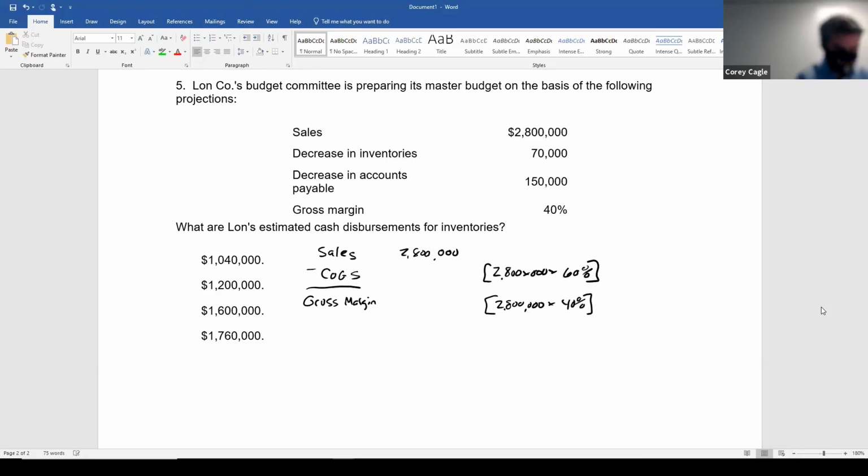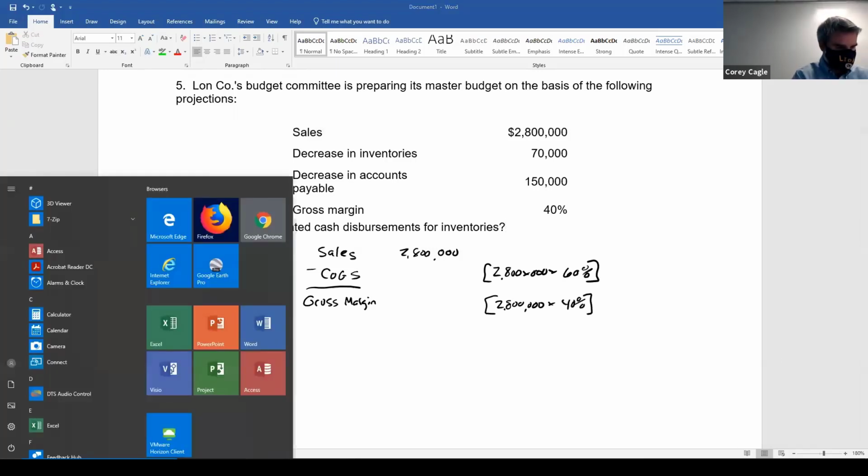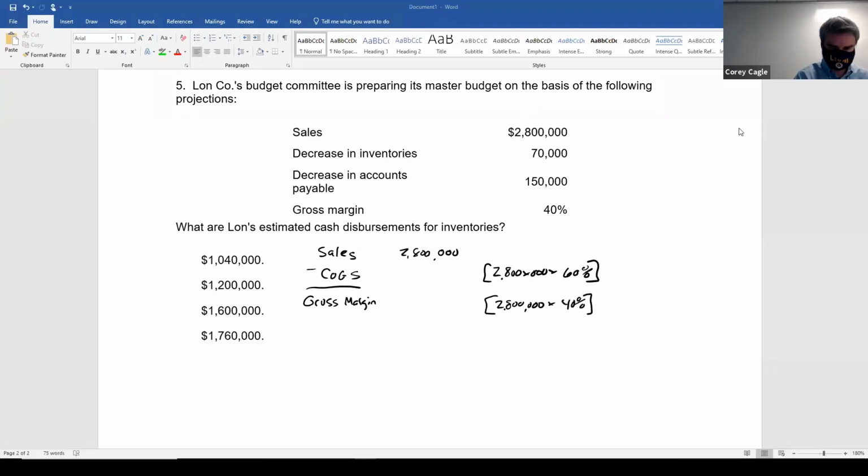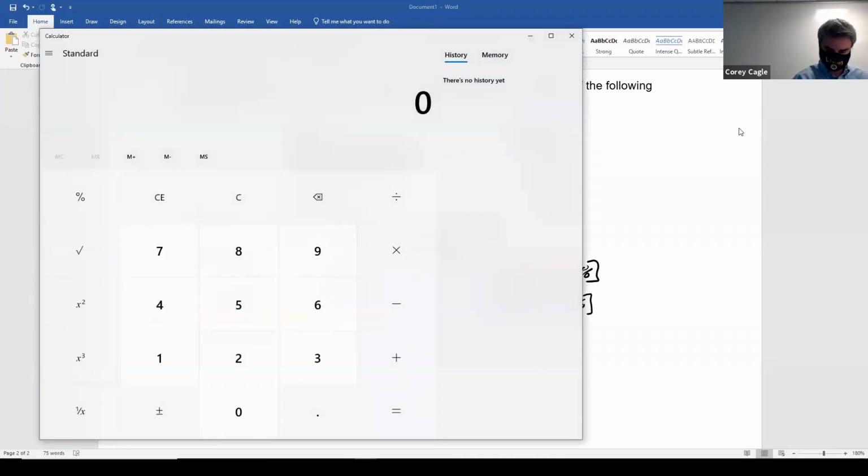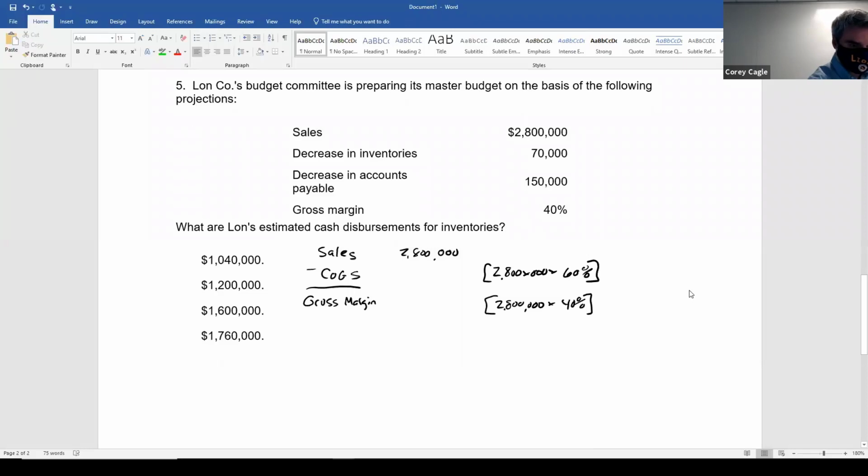Right, so we can figure all that out. Cost of goods sold is 1,680,000. Gross margin is 1,120,000.